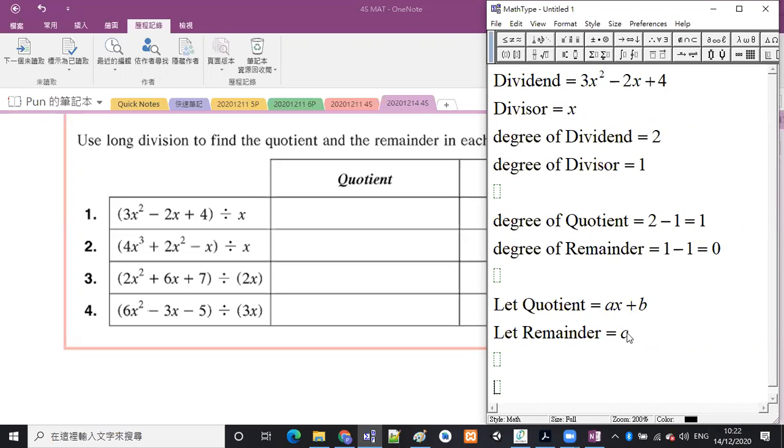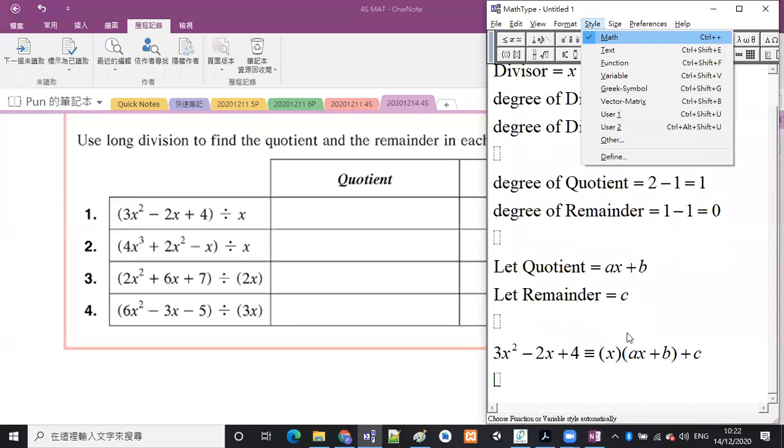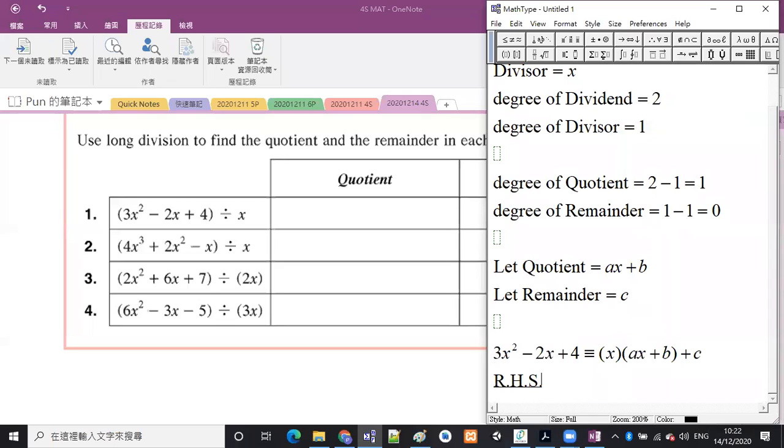So we can formulate the equation by using the division algorithm. Okay? So that is the dividend is identical to the divisor times the quotient plus the remainder. Okay? And then the right-hand side should be expanded. It is ax squared plus bx plus c, right?